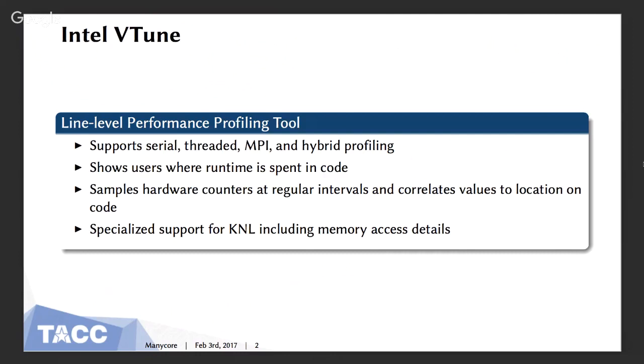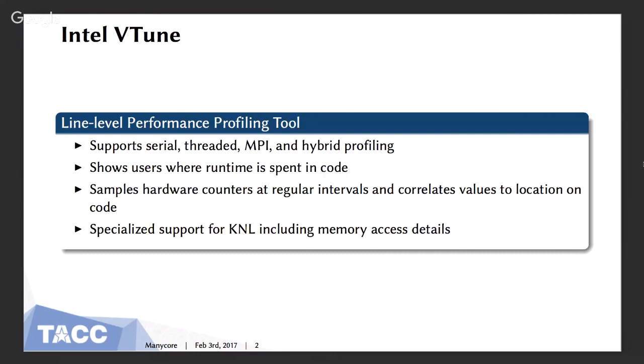One of the basic features it has is it can show you where you're spending most of your runtime in the code. Some of the more advanced features that it supports are based on its ability to sample from hardware counters at regular intervals, and then it can correlate those counts to locations in your code.